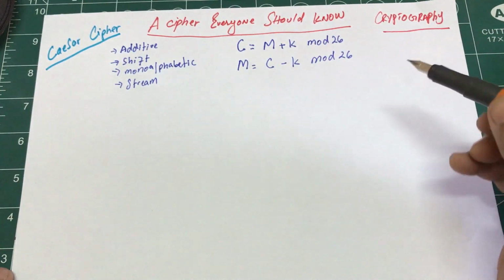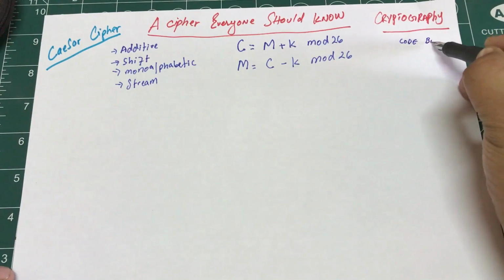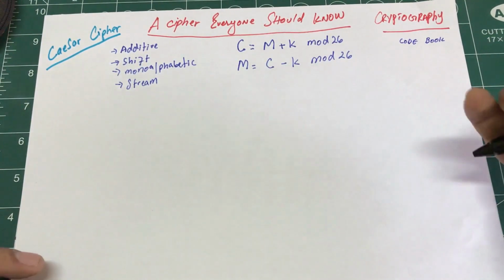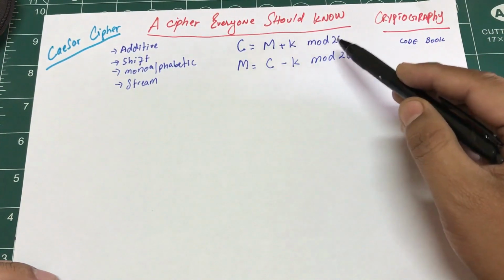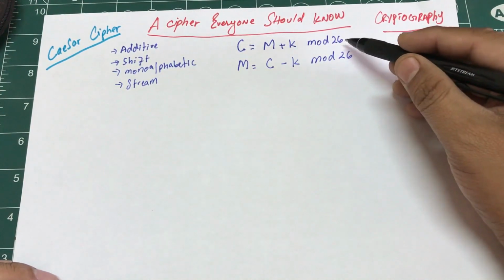Okay, so let's make a small code book in order for me to solve this. In English, there are 26 alphabets. That's why I'm using 26 as the modulus.